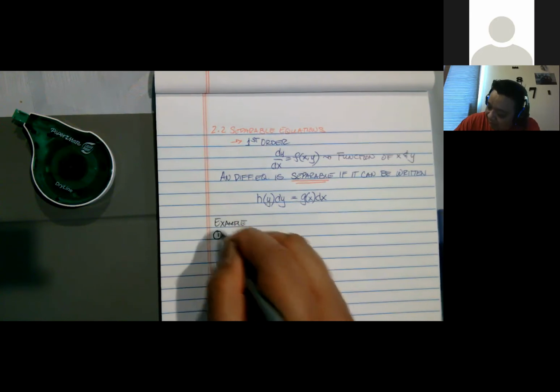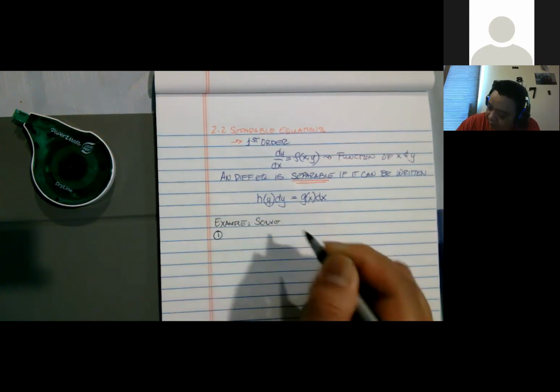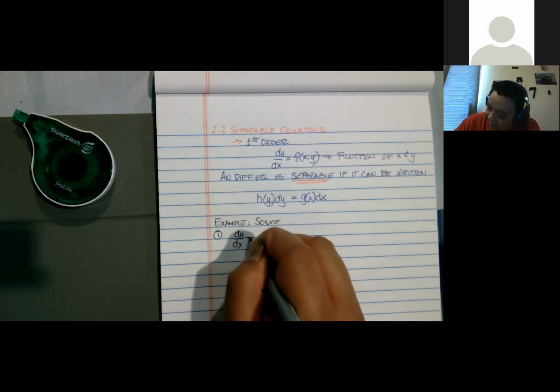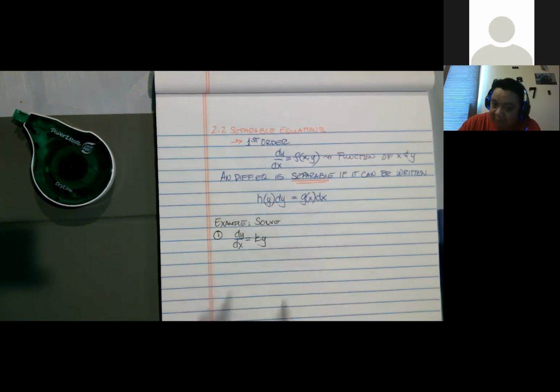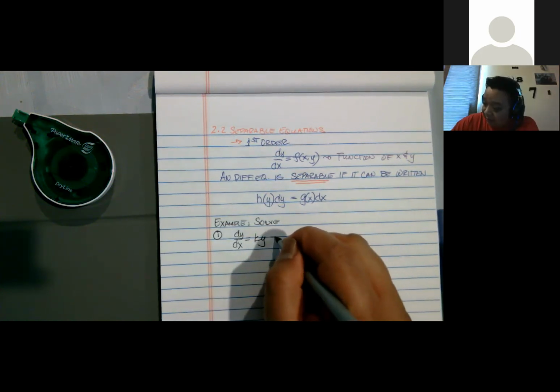So number one, the direction now is to solve. You have dy/dx is equal to k times y. So I want to see if this is separable. First, I'm going to multiply dx to both sides.